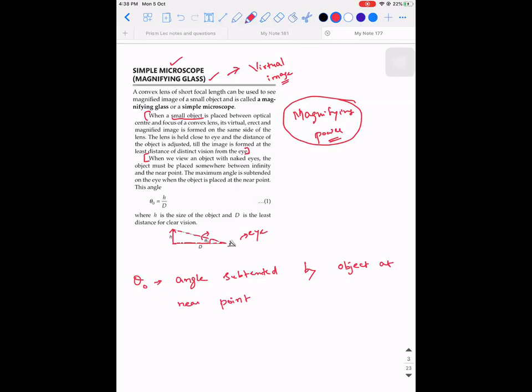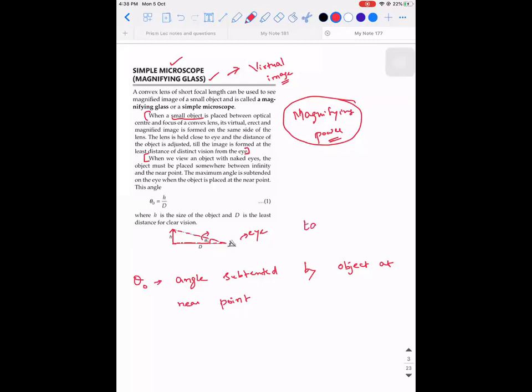You are seeing with the naked eye. That is the meaning. So the maximum angle subtended is this much. Though you are saying it is a maximum angle, it is not going to be of a very great value. It is going to be a few radians. But compared to the other angles, this will be the maximum angle that is possible.